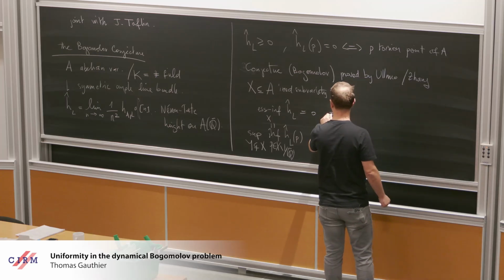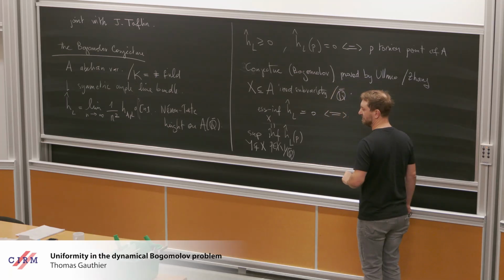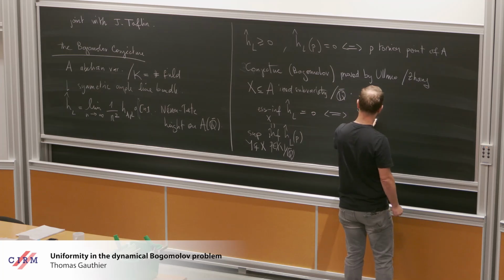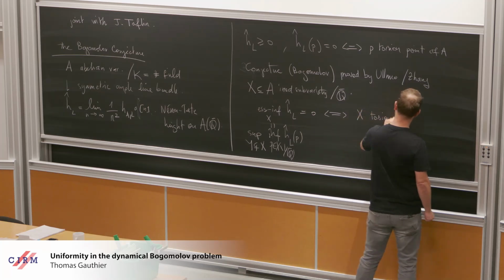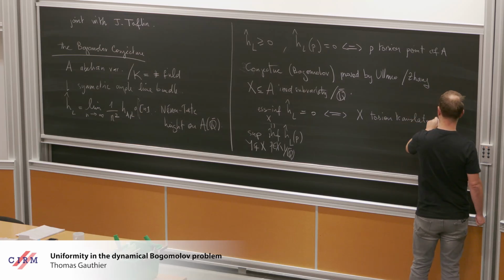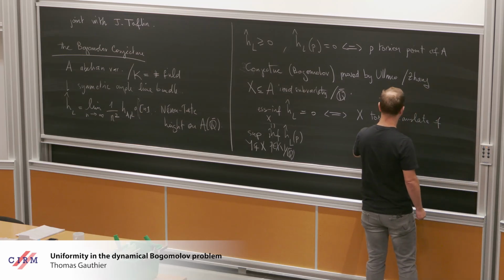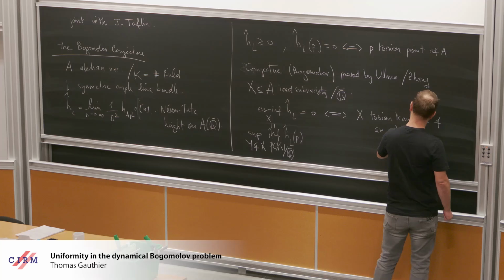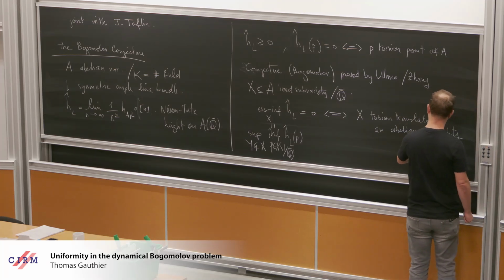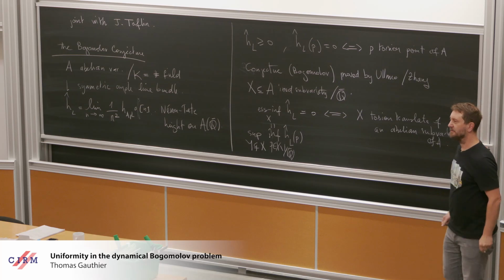And the theorem is that this is equivalent to the fact that X is a torsion translate of an abelian subvariety of A.